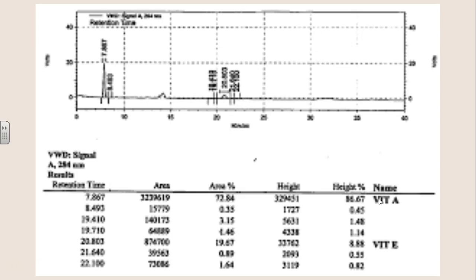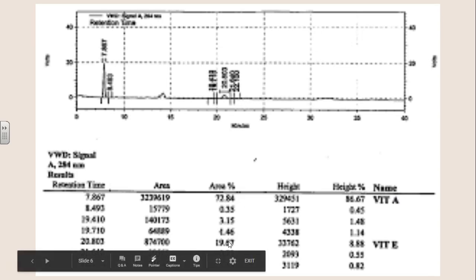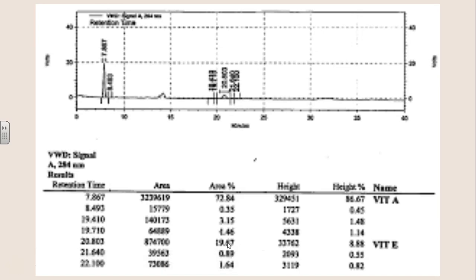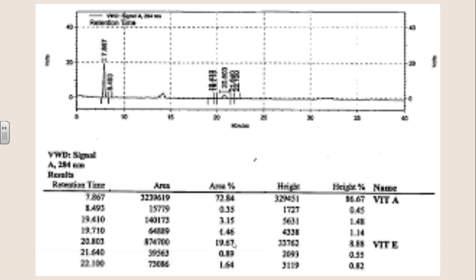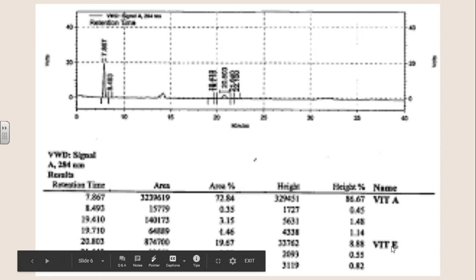Now they've come over here and they've identified that first compound as vitamin A. And then there's some other smaller compounds, but then you come down here, the compound that comes out at 20.8 minutes is 19.57% of the total area. Okay, well, that means that mixture is probably 19.57% of that compound. And then they come over here and they've identified that compound as vitamin E.